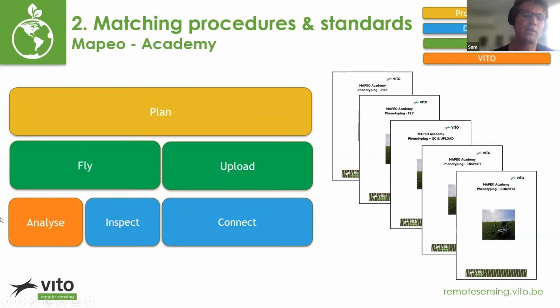And from there, we move through to the analysis step, which is performed by Vito in ensuring that the data quality is good before it can be provided to data analysts to inspect and then connect with their own data. And so we have a Mapio Academy, learning sessions, which allow all of these steps to be gone through for the different users.